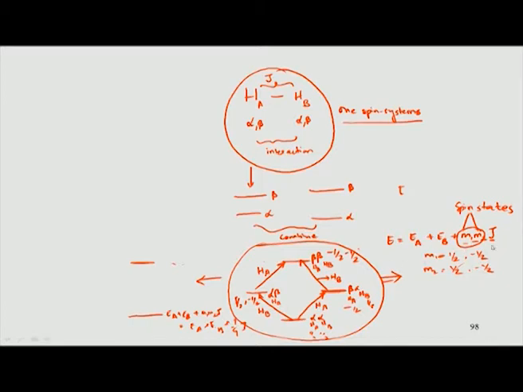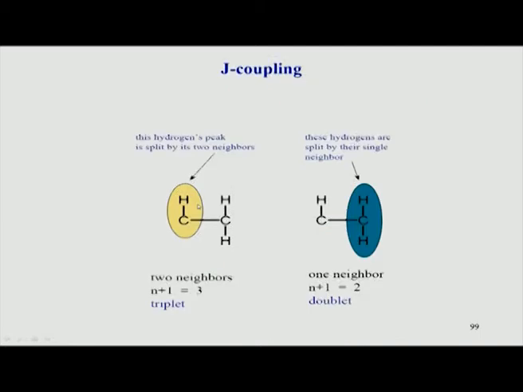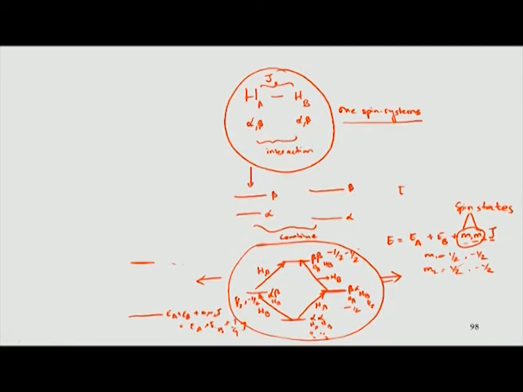Because of this M1 into M2 J, which is adding to the total energy, based on the values of M1 and M2 the energy level starts changing. So, these energy levels are shown here. Earlier it was in the absence of J coupling, but because of the J coupling, the energy levels of these states start changing, and basically you introduce extra energy. We will see that in the next slide.